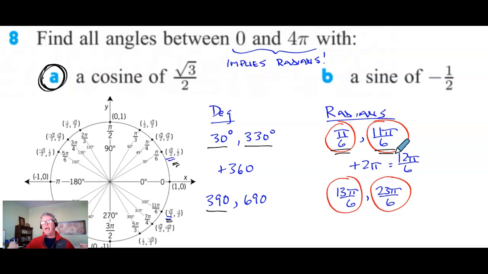And then now, because it's not 2 pi, it's 4 pi, another circle, we just add a full circle and we get our next two. Because this is in radians, our answers would really be the 4 in red. All right, nice job. Unit circle, it's working for us.